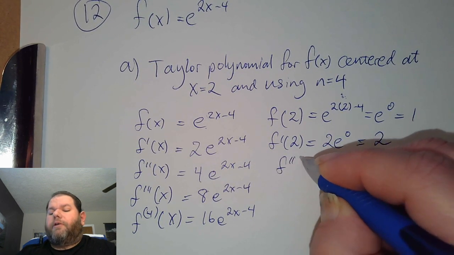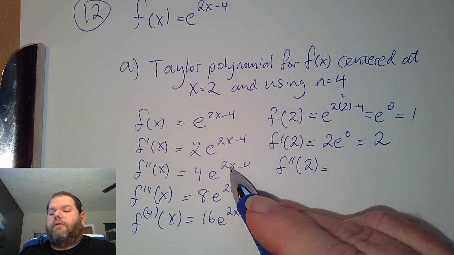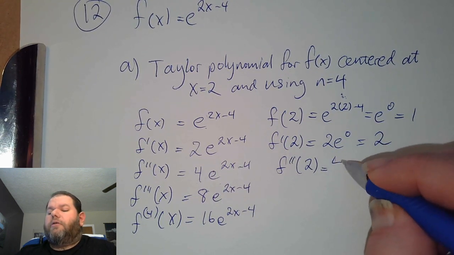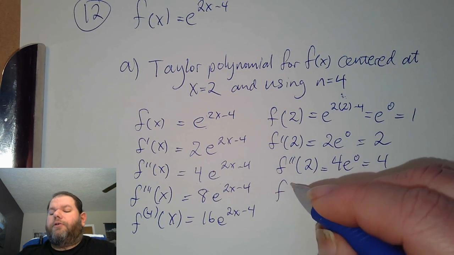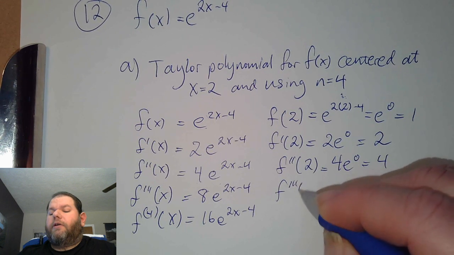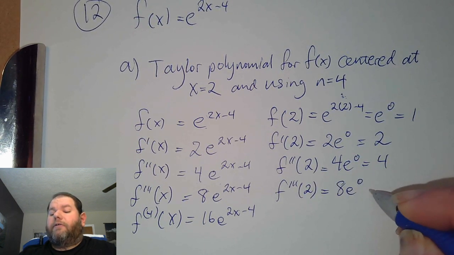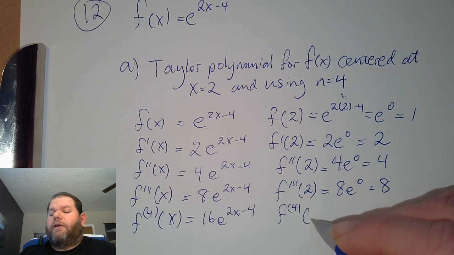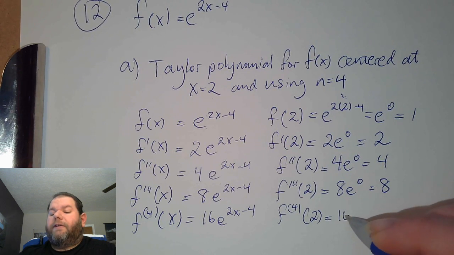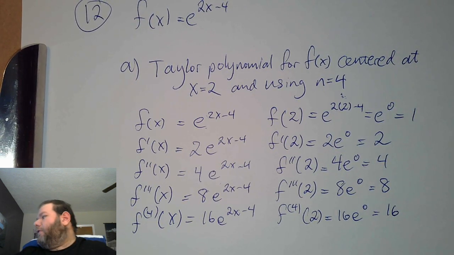F double prime of 2, we get 4 e to the 0, which is 4. Third derivative, evaluated at 2, will give us 8 e to the 0, which is 8. And then the fourth derivative, evaluated at 2, will be 16 times e to the 0, or just 16. So we get each of those values.